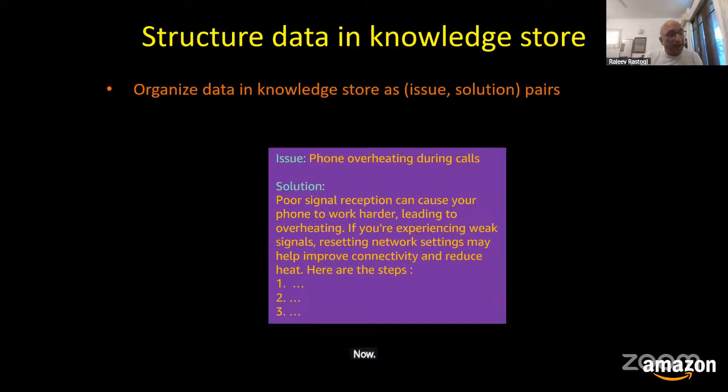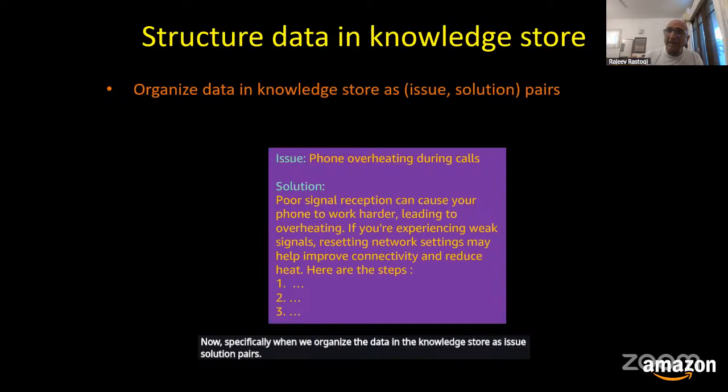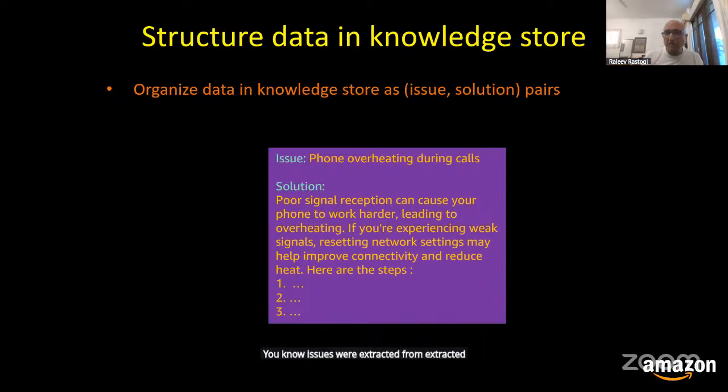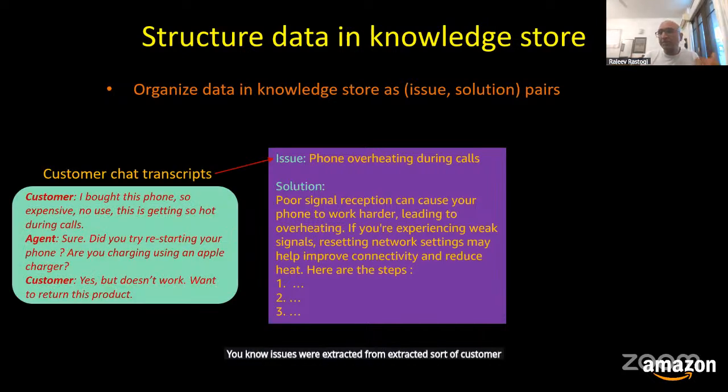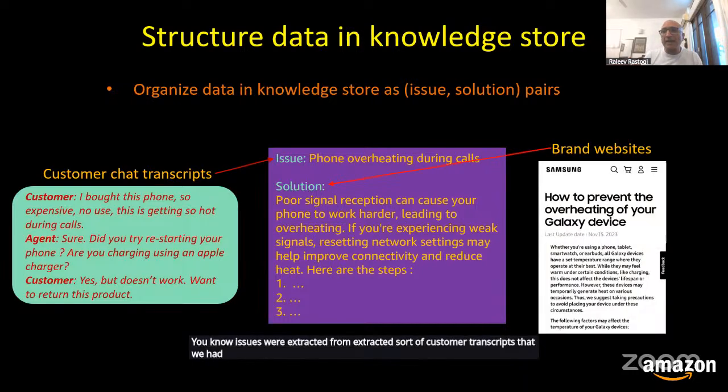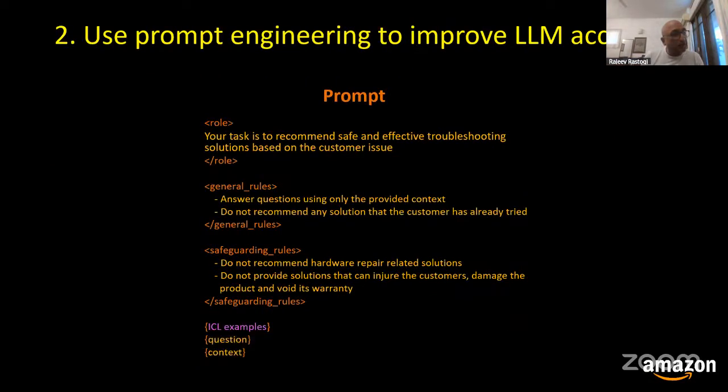Specifically, we organized the data in the knowledge store as issue solution pairs. Issues were extracted from customer chat transcripts that we had, and the solutions were extracted from brand websites, and storing the data as issue solution pairs did help to improve the accuracy of responses, right?